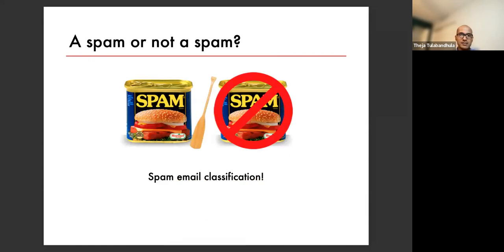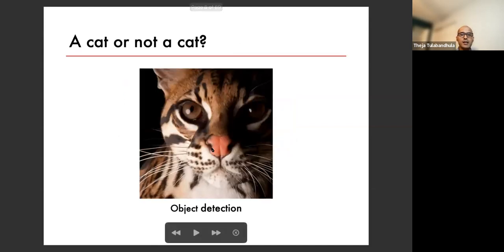But let's talk about a slightly different illustration, some motivation. Here's a binary classification example: spam versus not spam. We're not talking about spam, the food ingredient. We're talking about spam in, let's say, email classification, which many of the popular email vendors do. Another motivating example is object detection, where you can classify what the object in the image is.